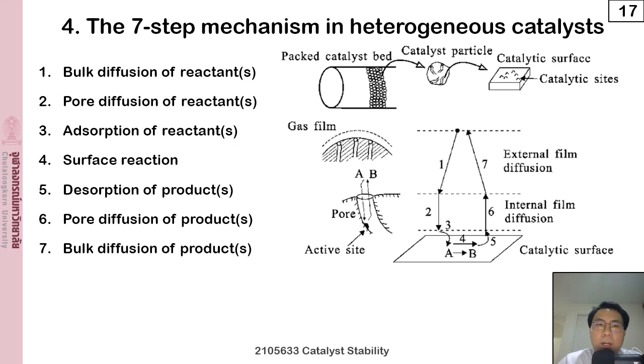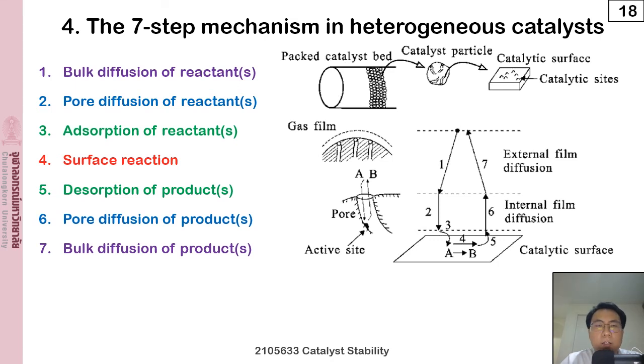Then at step 5, you get the products, and the products desorb. When the products desorb, they need to diffuse out of the pore. That is step 6, pore diffusion. And the last one, when it reaches the top surface of the catalyst, it then has to diffuse out again through the external film.